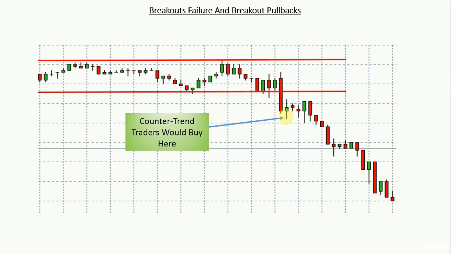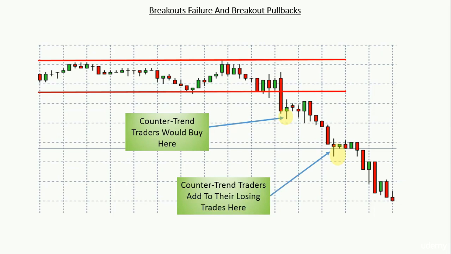If they are right and the pullback failed, they will take tiny profits by closing their winning counter trend trades very early. But if they are wrong and the breakout resumes, they refuse to admit that they are wrong. They will keep adding to their losing counter trend trades whenever they see small pullbacks, like this one here, as long as their margin lets them do so.